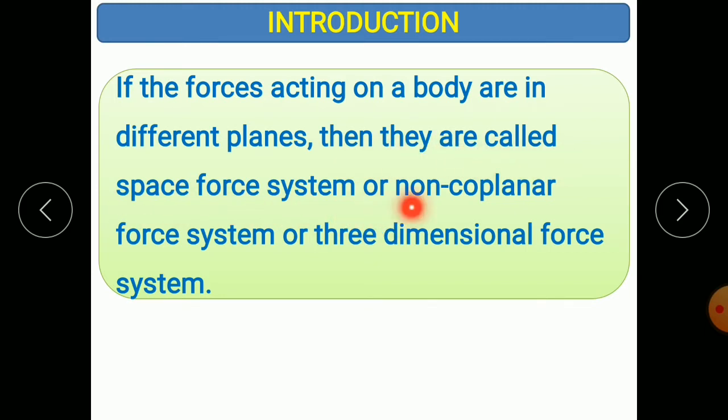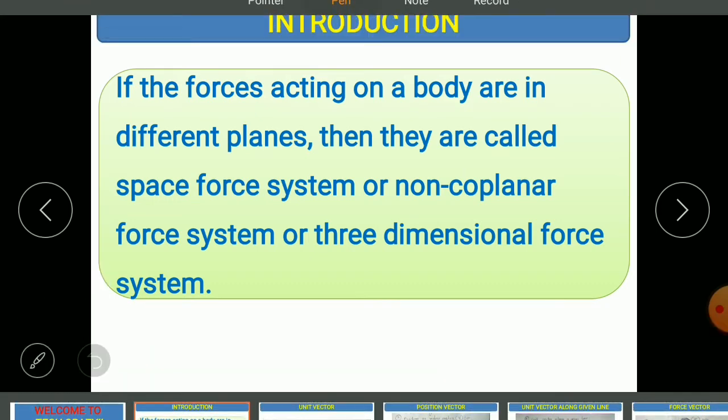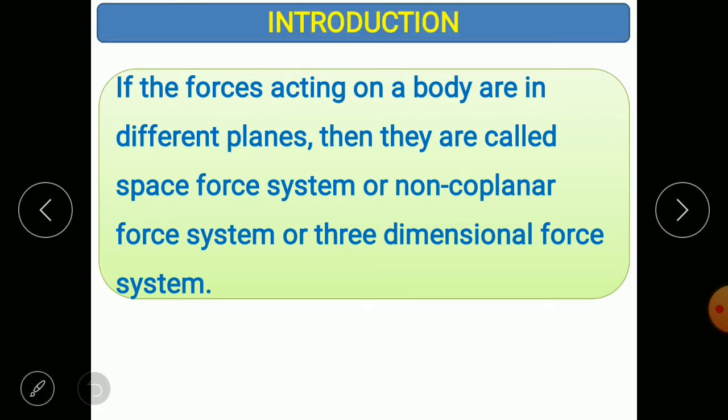They are also called the non-coplanar force system or three-dimensional force system. If they are in a single plane, they are called coplanar. Co means single, coplanar means single plane.